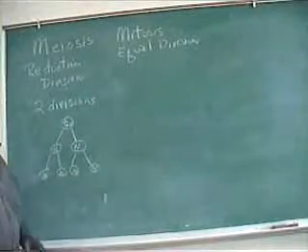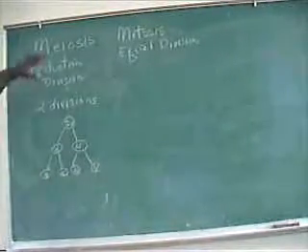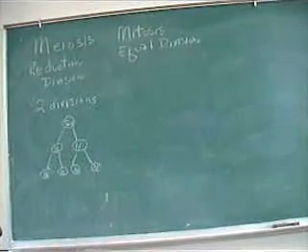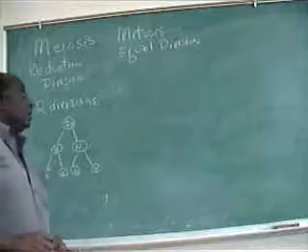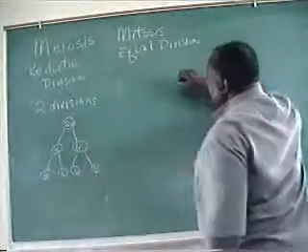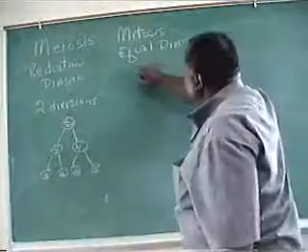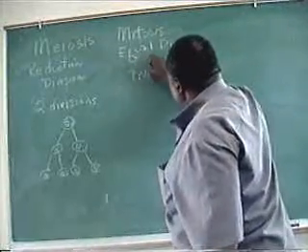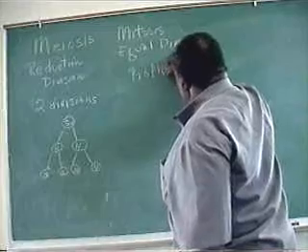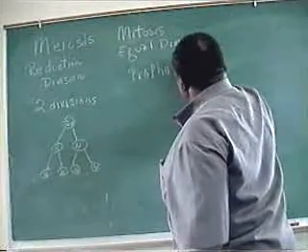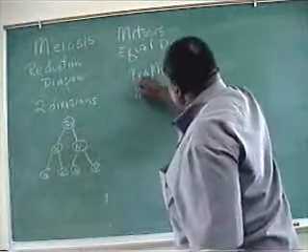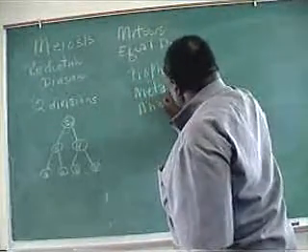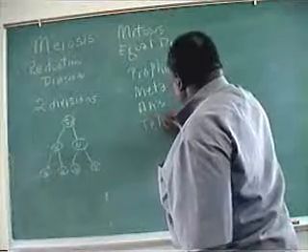Now, the terms that we use to describe and go through all of these phases are what we're going to be looking at today. Let's take the simpler one, mitosis. You know mitosis to have four stages: prophase, metaphase, anaphase, and telophase.